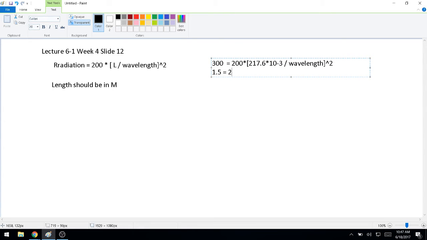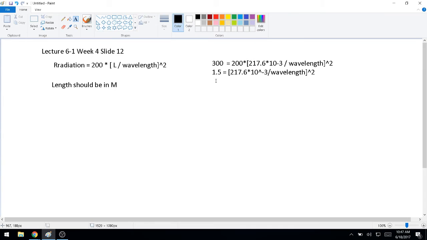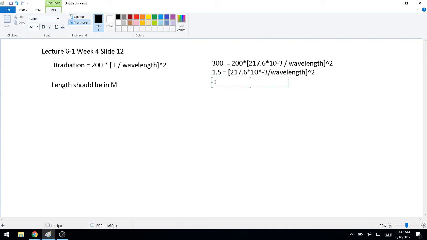Equals 277.6 times 10 to the third divided by squared. I'll just check in with the chat, okay? So now we need to take the square roots.